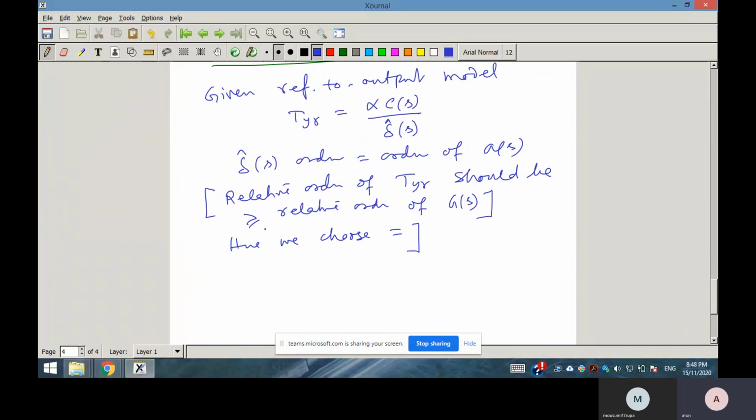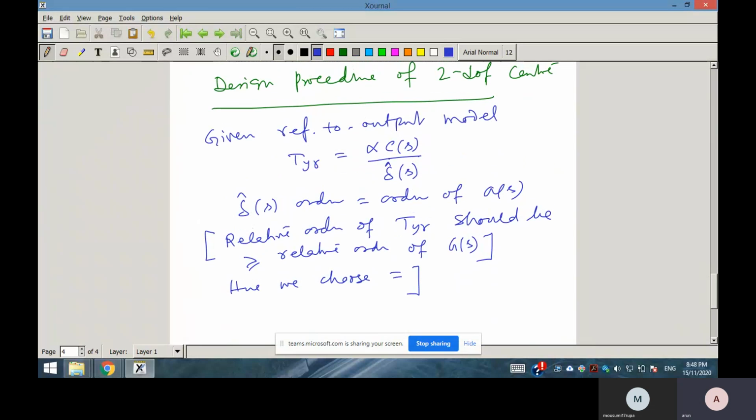Okay, so now this is your given reference input to output model. A designer has to choose this model based on settling time, peak overshoot, and all the specifications. So the designer has to choose.